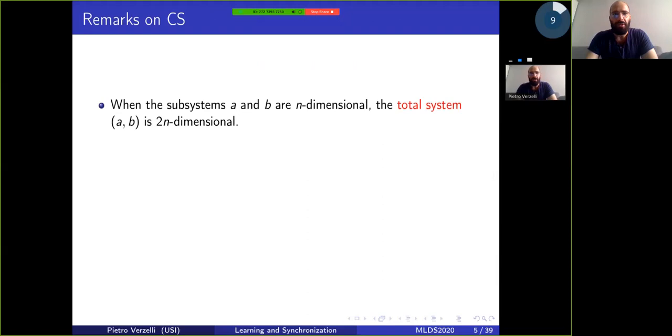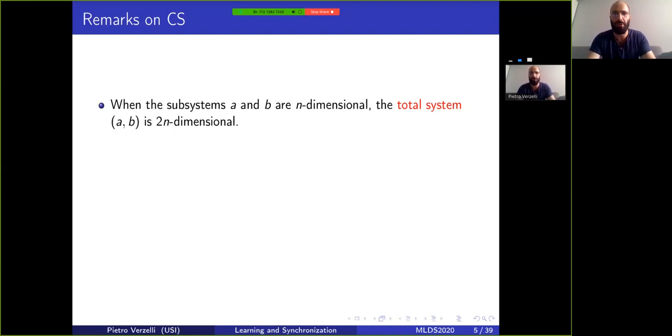So some remarks about this. In order for this discussion to make sense, the two systems must have the same dimension. Let's call it n. So what we're actually dealing with is a 2n-dimensional system, composed of all the a coordinates and all the b coordinates of the two systems together.